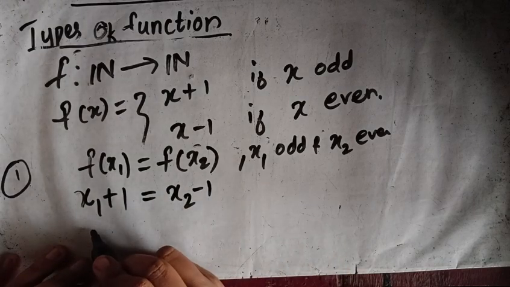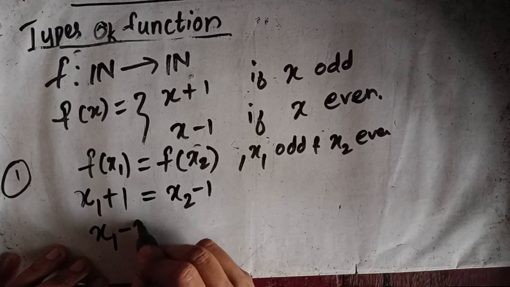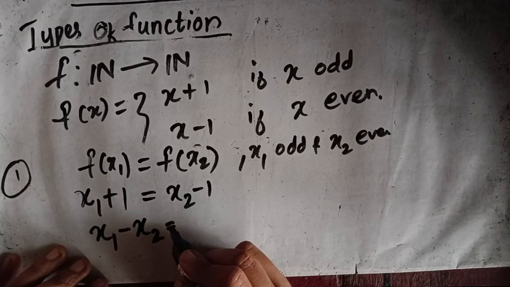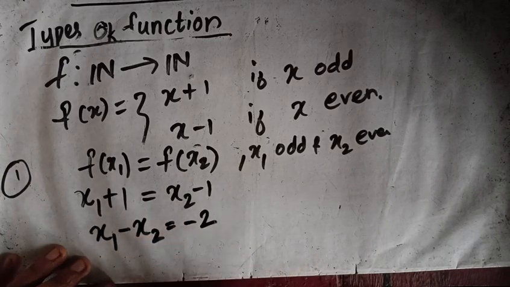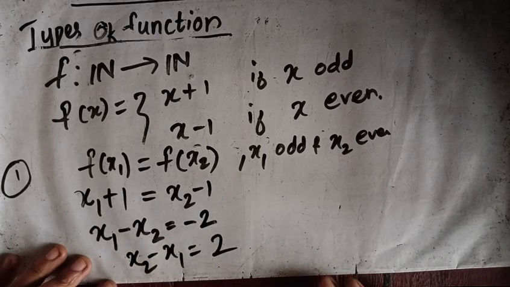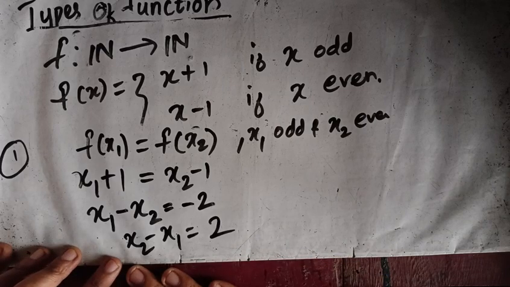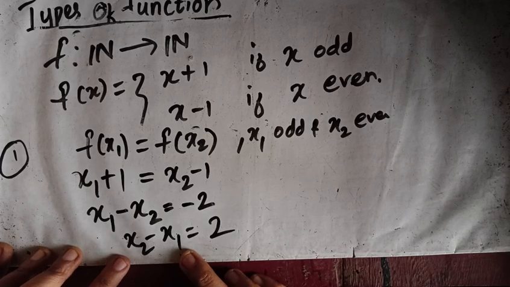Okay. So this is x1 minus x2 is equal to minus 2, or x2 minus x1 is equal to plus 2. Okay. So this is x1 odd and x2 even.